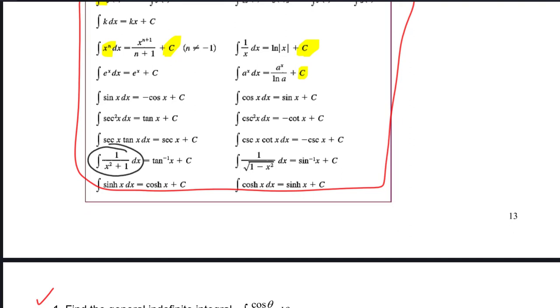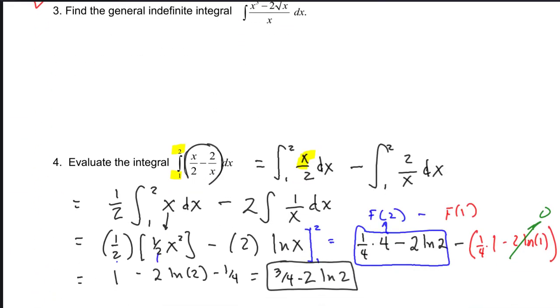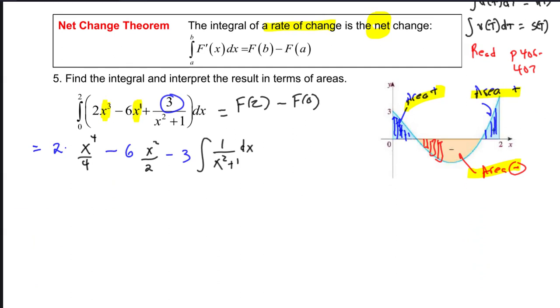There it is. It's a tangent inverse result. So the antiderivative here is tangent inverse. Okay, so the integral of that piece, I'm going to erase it and just put what it is. It's tangent inverse of x.